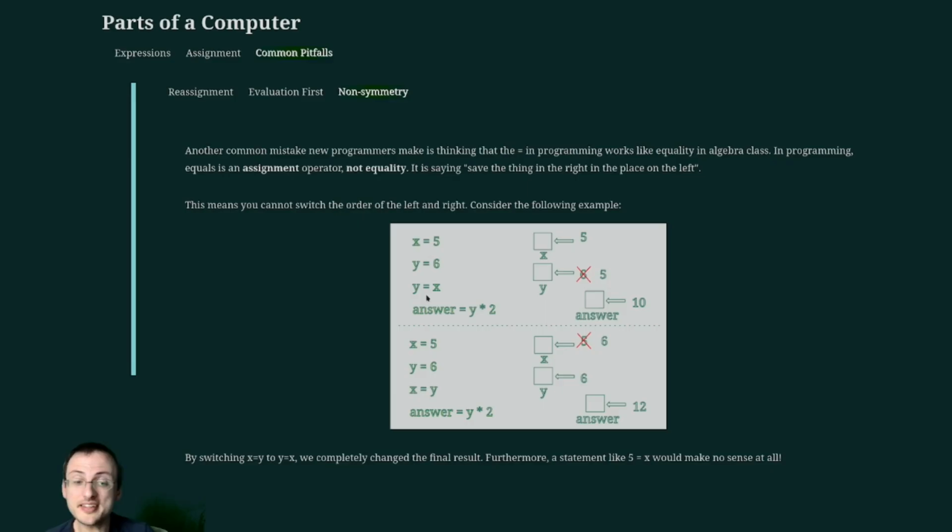Another example of this, something I have students do every single semester, is putting the expression on the left side. I see someone try to do 5 equals x. And if you do that, the program crashes entirely because you can't save a variable into a number. You can only save expressions into variables.